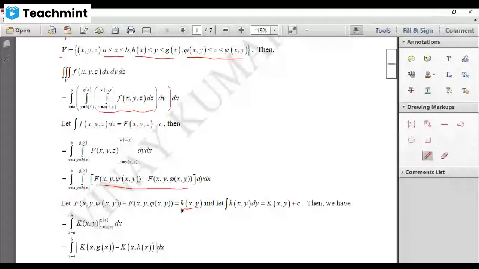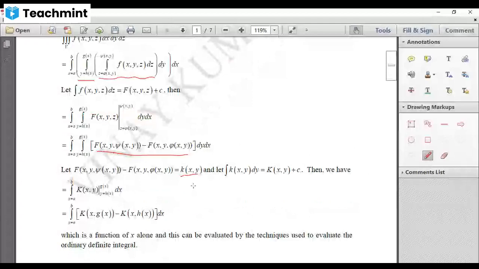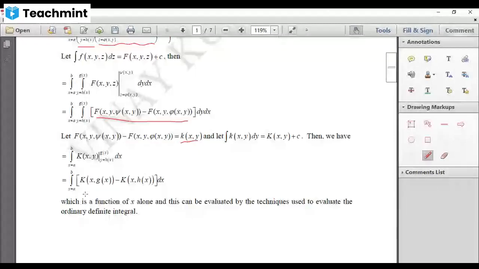Now let us integrate this with respect to y. So let us assume the integral of this is capital K of xy plus an integration constant. But this is a definite integral, so this constant will not come. K of xy, where y runs from h of x to g of x. Now substitute. You will get K of x, g of x minus K of x, h of x. Now see this. This is a function involving only x.